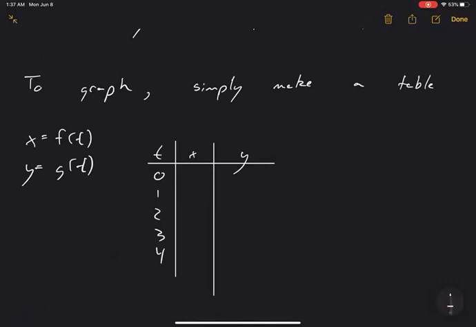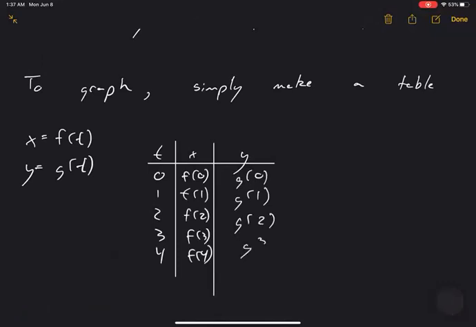Then I take these t values and plug them into my functions. Once I have this table of values, I just plot these points together.